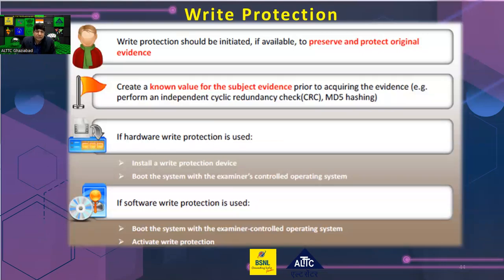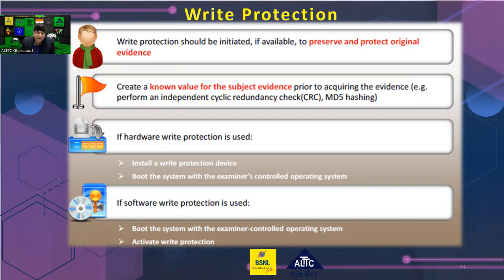Now write protection. Write protection should be initiated if available to preserve and protect the original evidence. Create a hash value for the subject evidence. Prior to acquiring the evidence, perform an independent cyclic redundancy check, CRC, or MD5 file hashing.